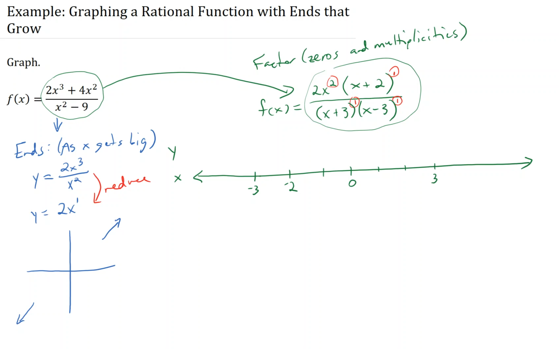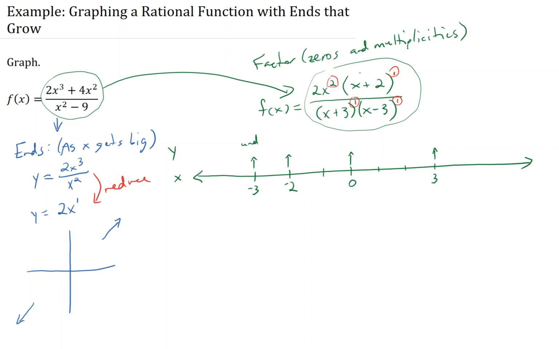But let's go ahead and find the y values at these specific x values, these zeros. So if x is -3, that makes x plus 3 zero, which is on the bottom. So that's an undefined y value. If I plug it in, this whole fraction is undefined.